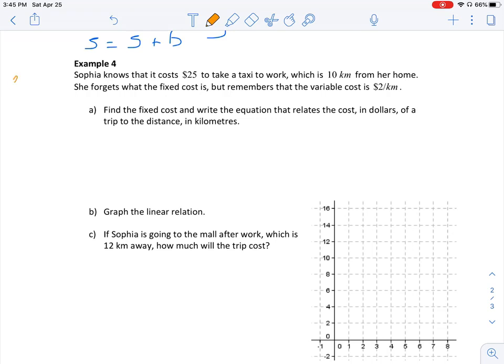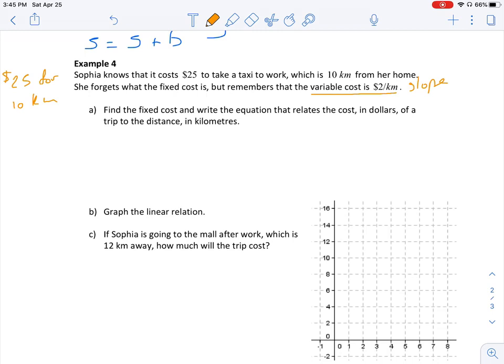$25 for 10K. Okay, that's one point. Another point we can take from this, the variable cost is $2 per kilometer. Well, we know that as our slope. Okay, so we have a slope.